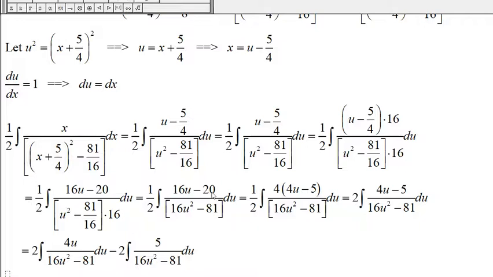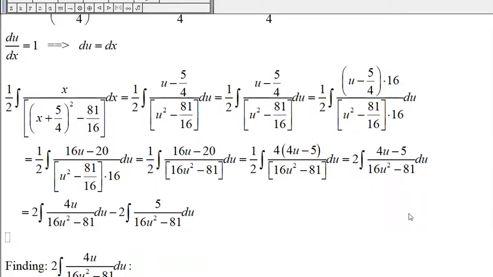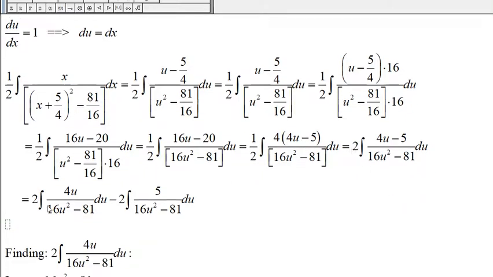The common factor here is 4, so it's 4 times 4u minus 5. A half times 4 is 2. So we end up with 4u minus 5 divided by 16u squared minus 81. And then we can expand this as 2 times the integral of 4u divided by 16u squared minus 81, and then minus 2 times the integral of 5 divided by 16u squared minus 81.